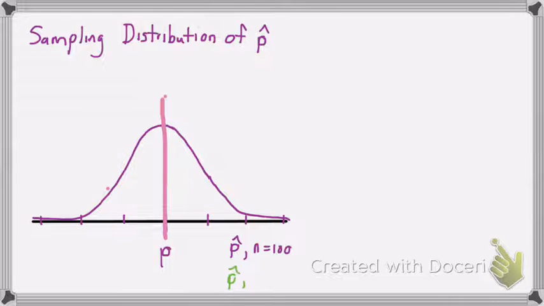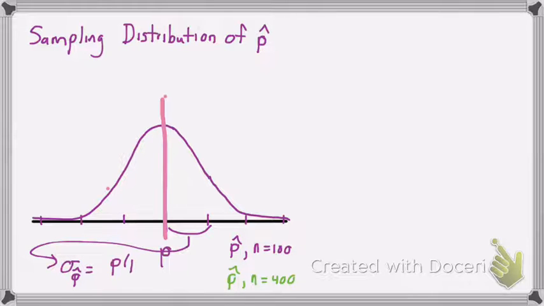The standard deviation, denoted by this distance here, is the standard deviation of p hat, and the formula for that is the square root of p times 1 minus p, divided by n.